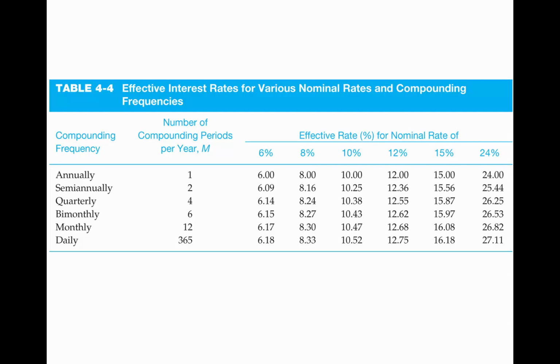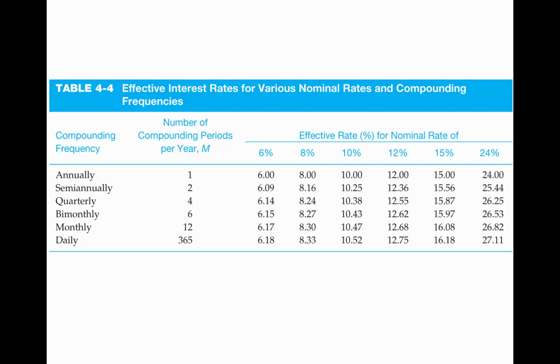And so what this table illustrates is, as you have gradually increasing interest rates, how the difference between nominal and effective interest diverges. For instance, if we look at 6% interest compounded annually, then the nominal and the effective rate is the same.